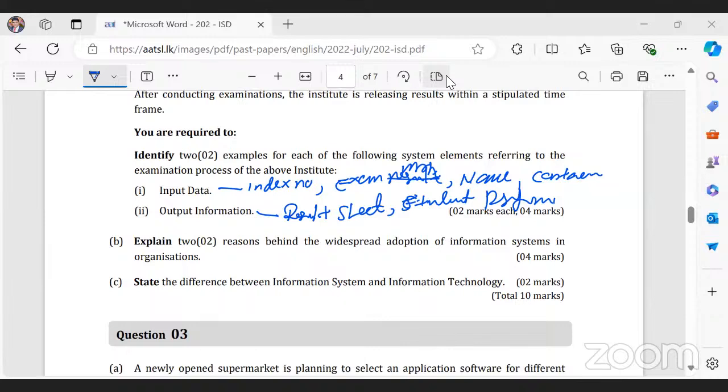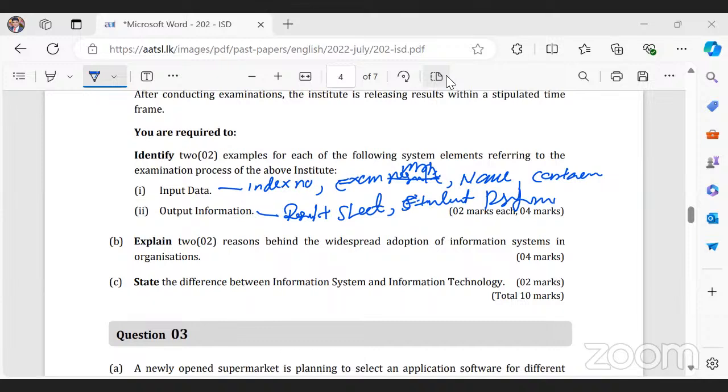As an example, data communication technologies, data storage technologies, computer technology, and artificial intelligence, business intelligence are included in information technology.